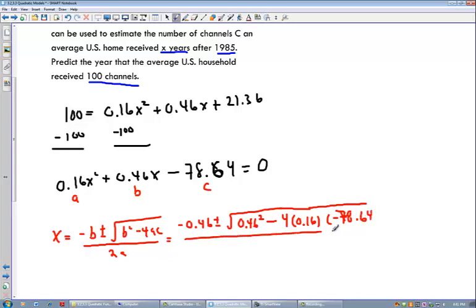And then that's all divided by 2 times a, so 2 times 0.16.